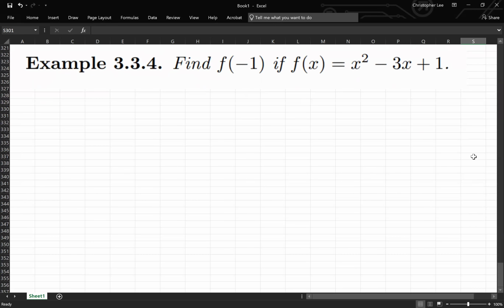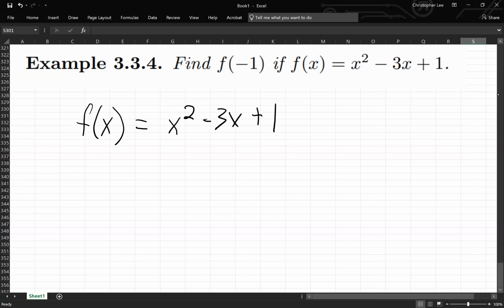If I say find f of negative 1, if f of x is equal to x squared minus 3x plus 1, this is what I mean. So I have f of x is equal to x squared minus 3x plus 1.